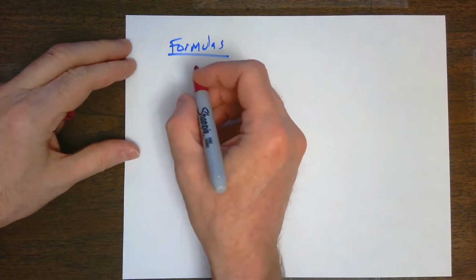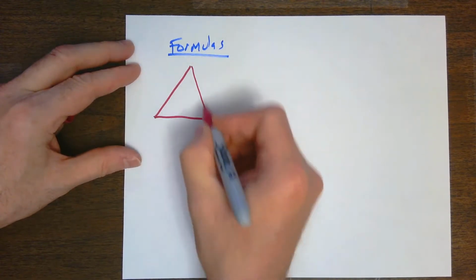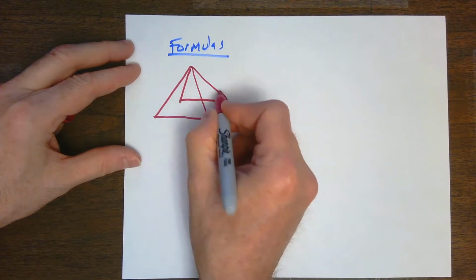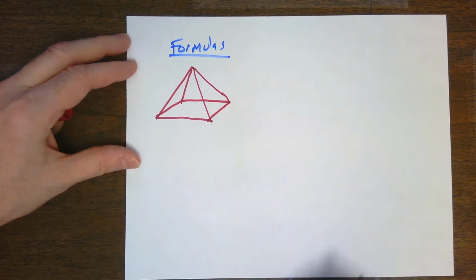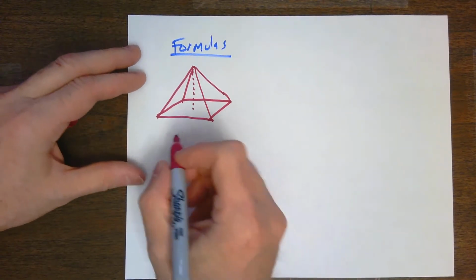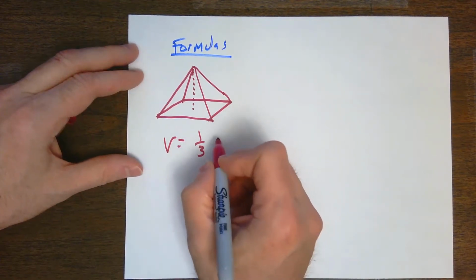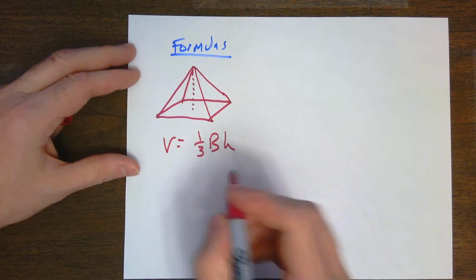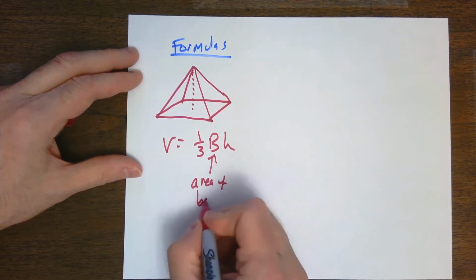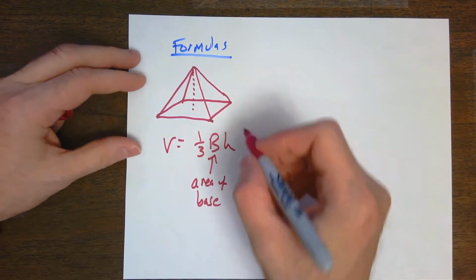a pyramid for a moment. So the formulas, if I have a pyramid, oh gosh, that's not a very good pyramid, is it? The volume of a pyramid is 1/3 BH, where B is the area of the base, and H is the true height of the pyramid.